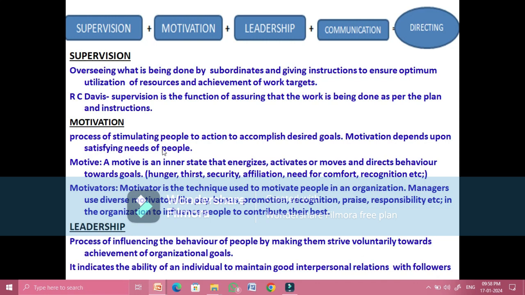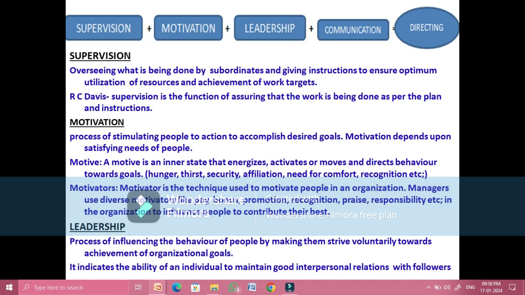Motivation means a stimulation, an intense feeling in an individual which influences him to take action. For example, if a person has a motivation to drink water when he is thirsty, the inner state stimulates him to have water.